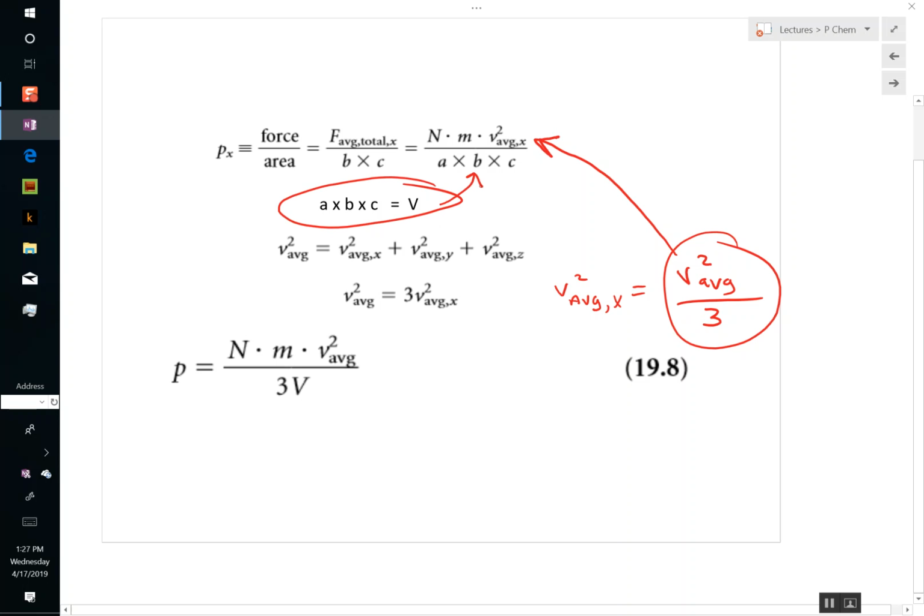Pressure in this container is Avogadro's number times the mass of the atoms or molecules times the square of the average velocity divided by 3 times the volume. And notice all of a sudden we've got 2 of our ideal gas law variables pulled into this relationship.